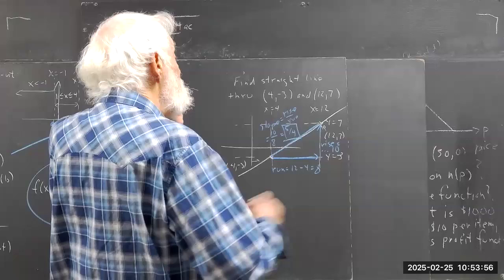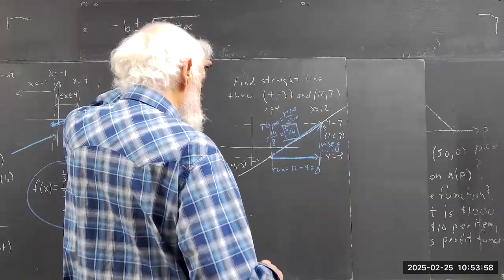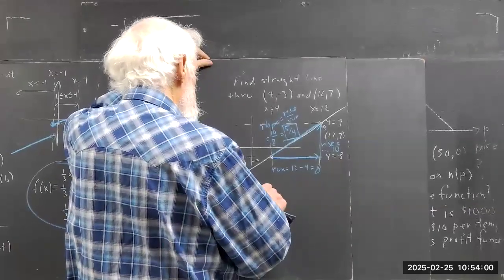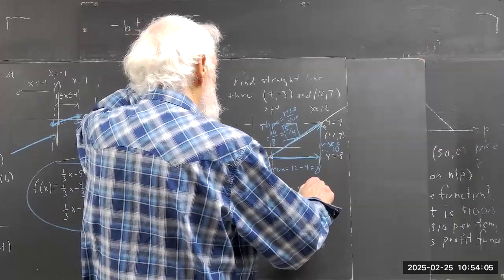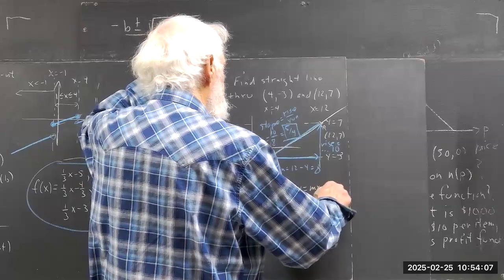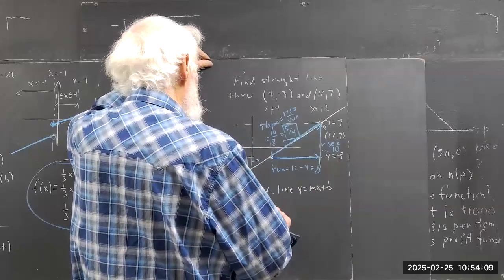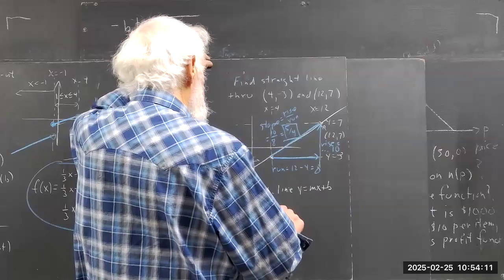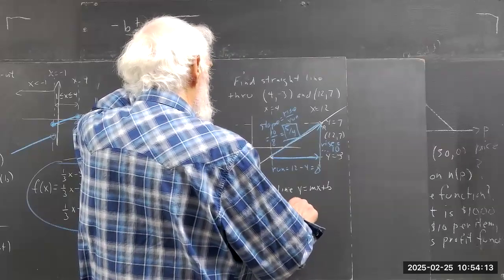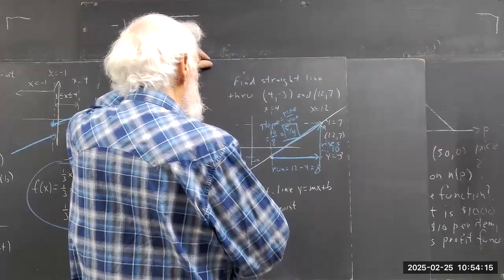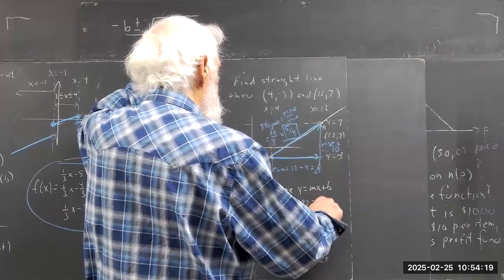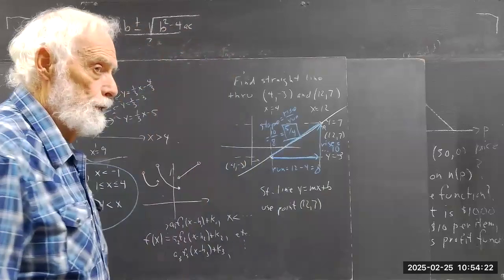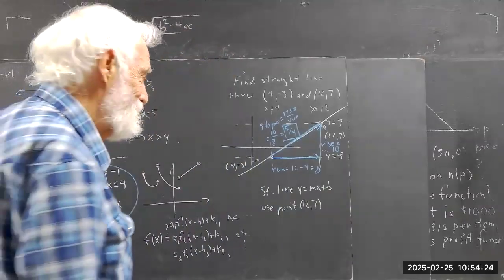Okay, so a straight line is y equals mx plus b. Now, everybody here use the point (4, -3). I'm going to use the point (12, 7), just so I can show off and do arithmetic with bigger numbers.